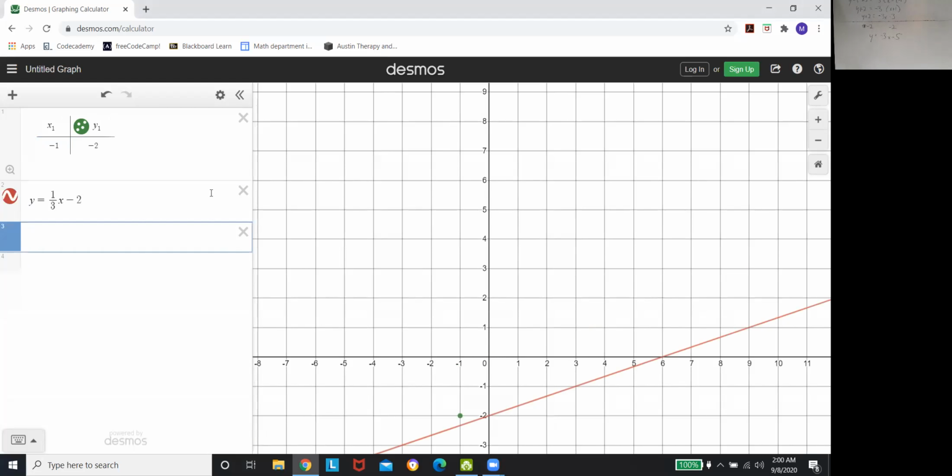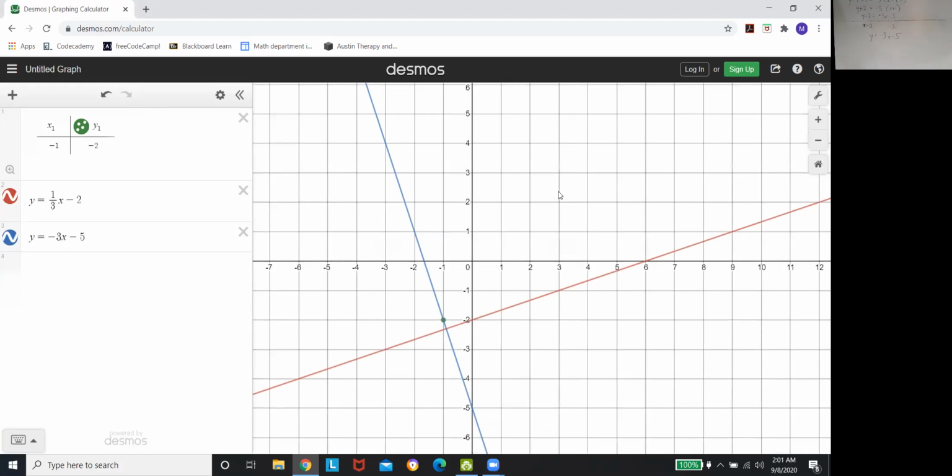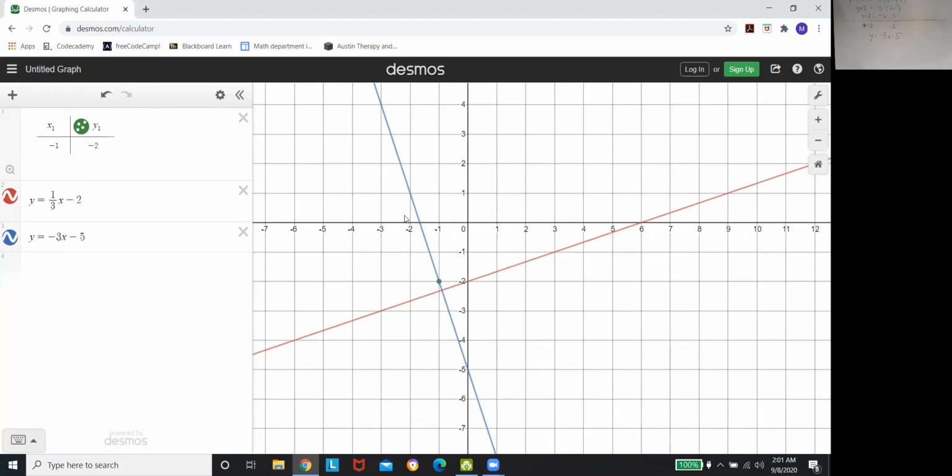And the other one looks like y equals -3x minus 5, the one I just found. Okay, so the blue one is the one I just found. It looks like it goes through what? -1, -2. It goes through that point.